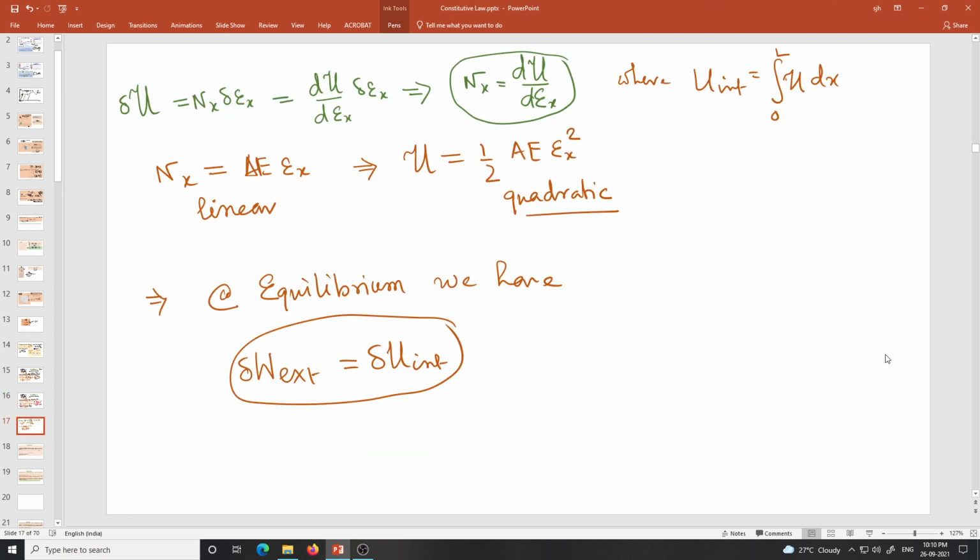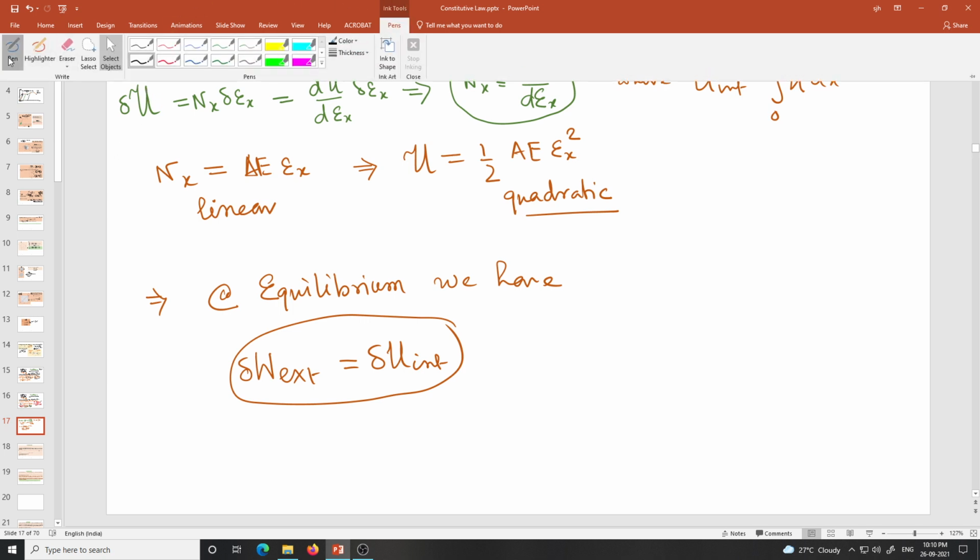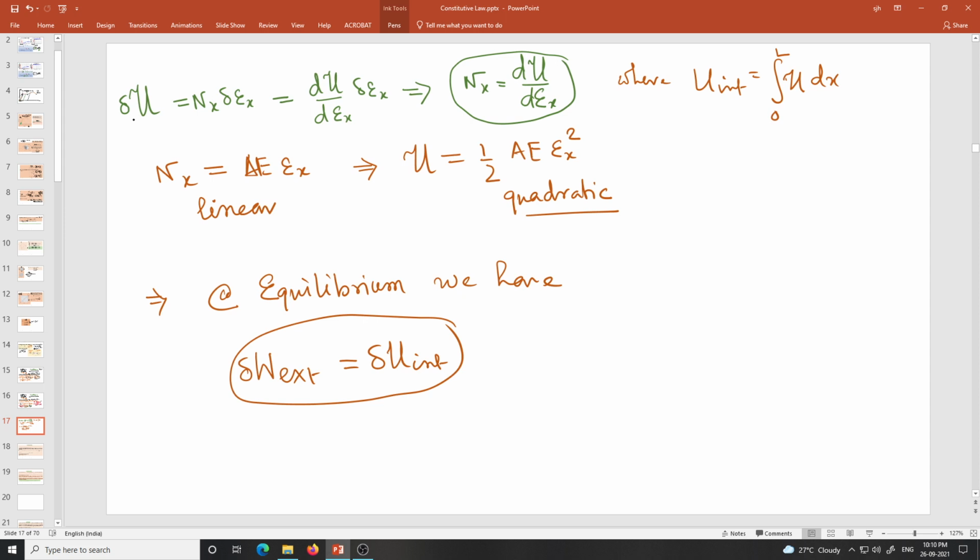Now if we further define the internal energy density, the intensity per unit length, delta of calligraphic U, as N times delta epsilon xx, and if we wish to say that it is integrable, that means U is a function of epsilon x, then the change in U must be dU/d epsilon x times delta epsilon x.